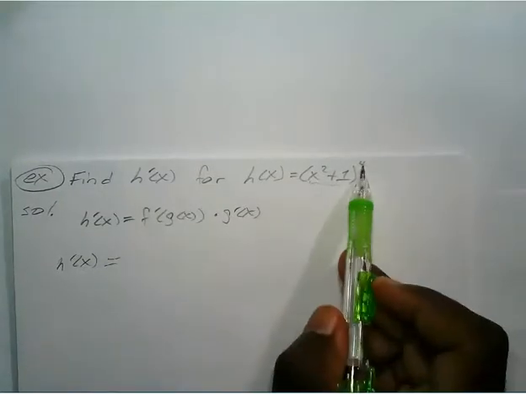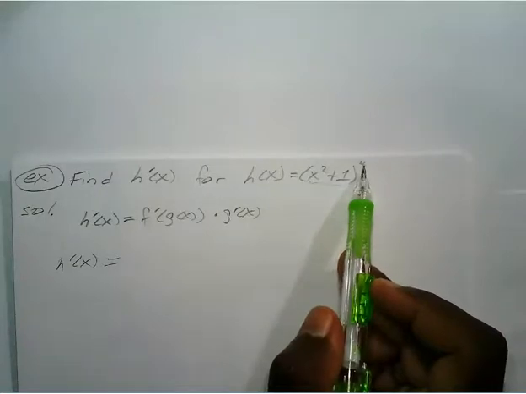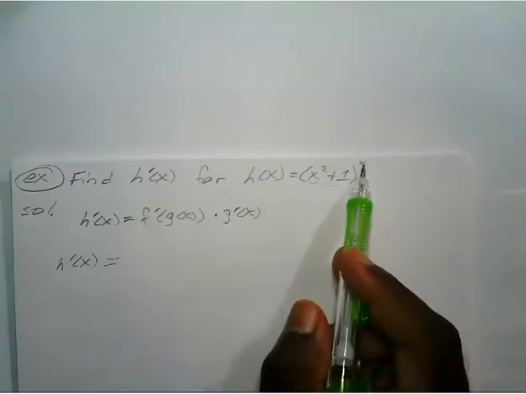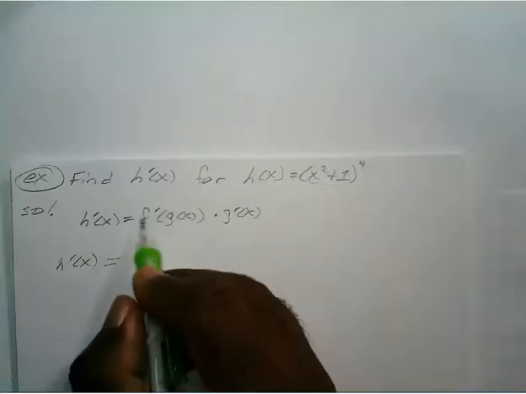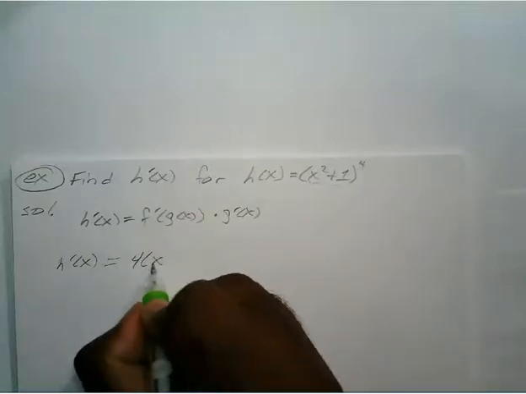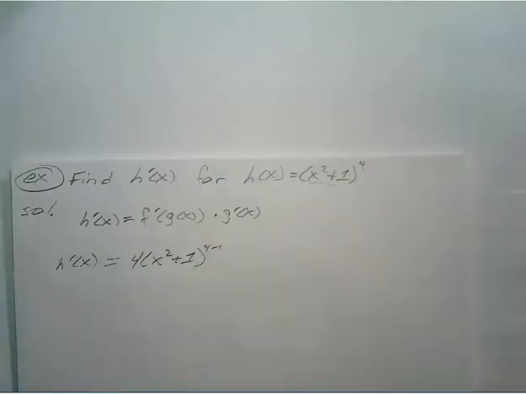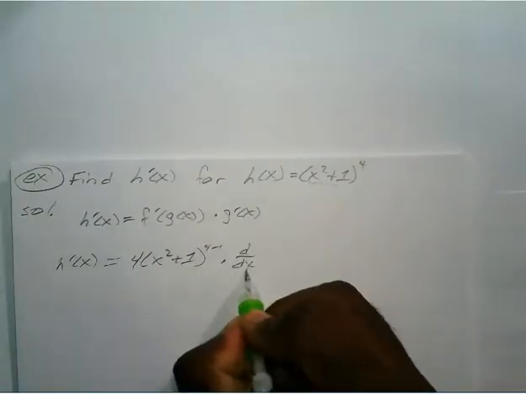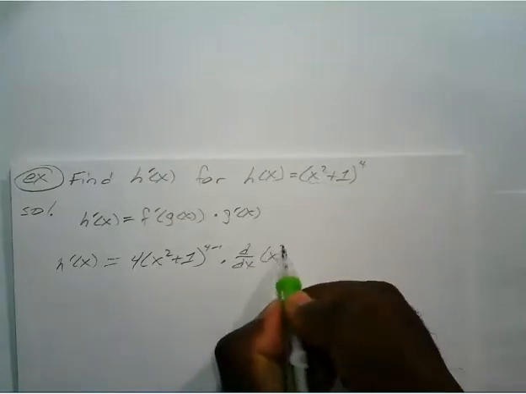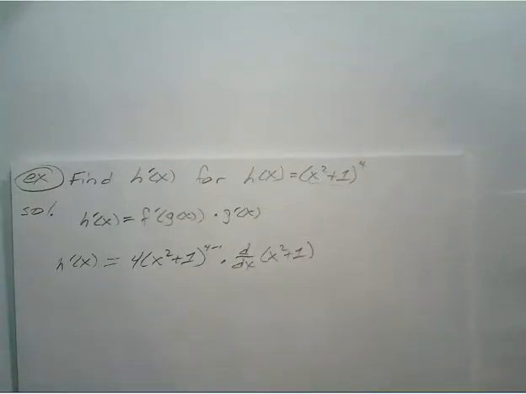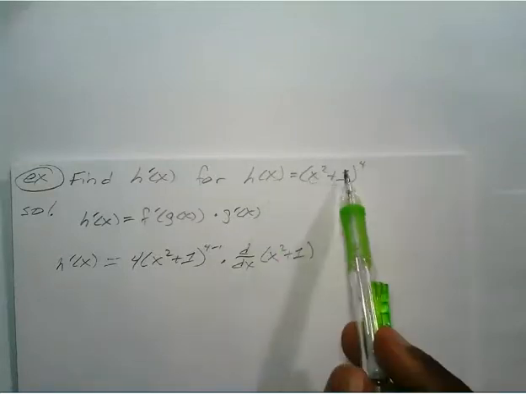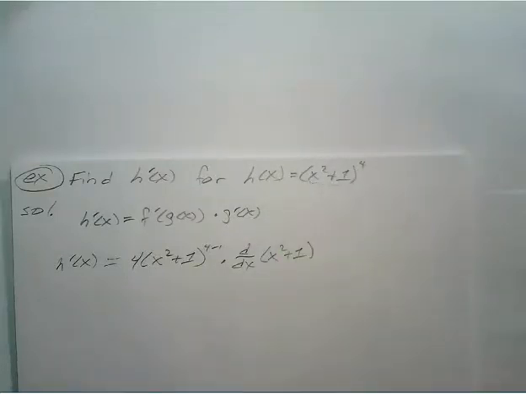is equal to, we do the power rule. Bring down the 4 and subtract 1. So you have 4 times (x² + 1), and we subtract 1, and then we get the derivative of what's inside. Okay, so remember, we take the derivative of the whole thing, and then we take the derivative of what's inside.